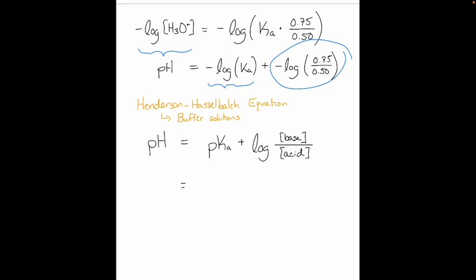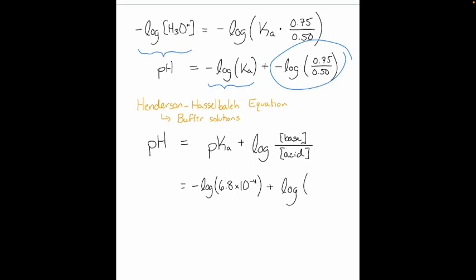And since it's the pKa, I'm going to take the negative log of 6.8 times 10 to the negative 4, and then add the log of the concentration of my base. My fluoride ion had a concentration of 0.50 molar. My hydrofluoric acid had a concentration of 0.75.